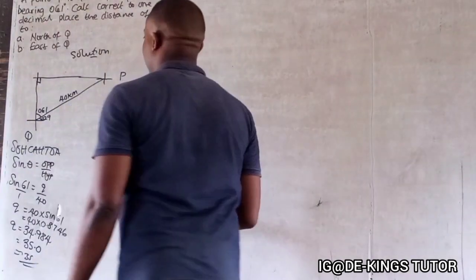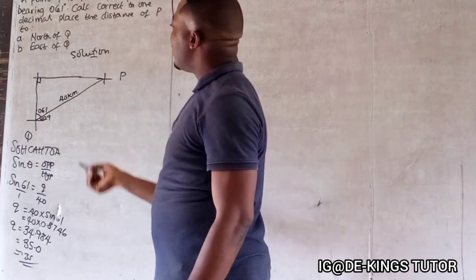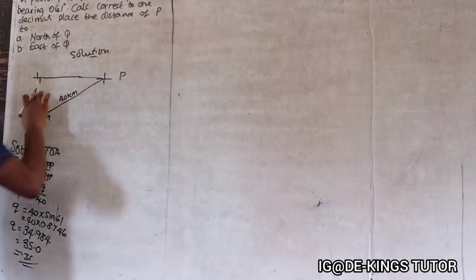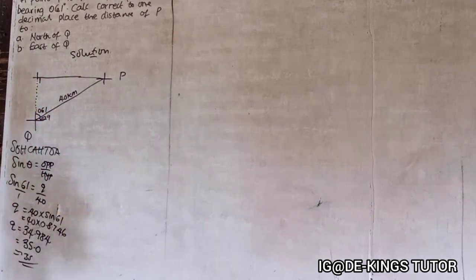Now the second one, they said to the east of Q. Sorry, let me do this so that you know it is a line produced after that. East of Q. Where is east of Q?